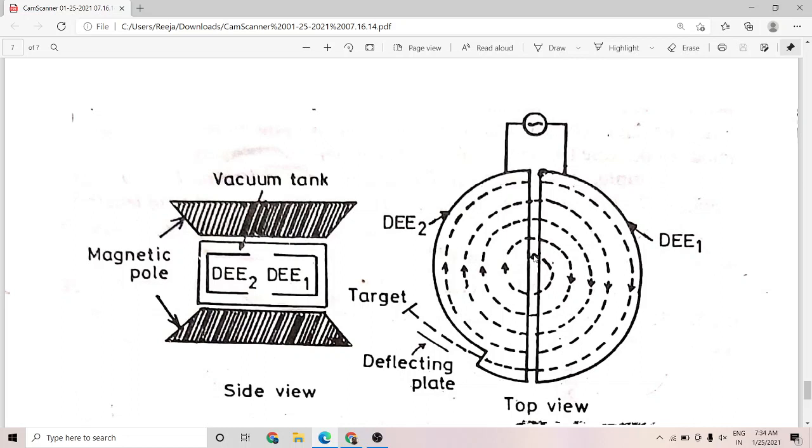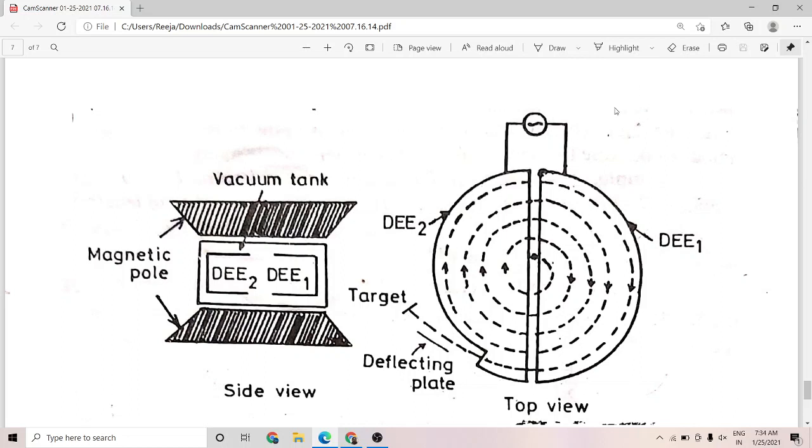Now the ion that enters the space inside the D will have gained a velocity small v, so that its energy is given by eV = 1/2 mv², where capital V is the applied potential or applied voltage, and small e and m are the charge and mass of the ion respectively.